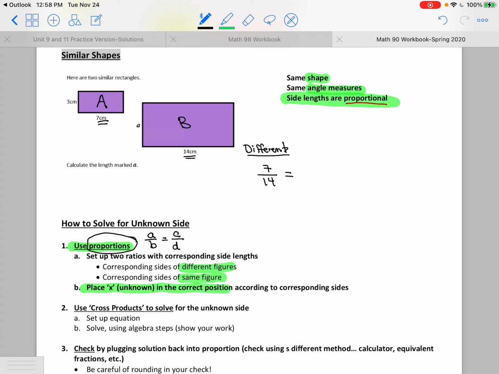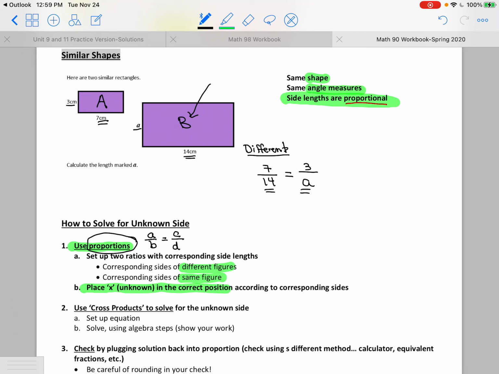Now, I would go to the width. Here's my width and my width. Since I started with A on the top, I have to start with A on the top in my second ratio. So I have to make sure my A is from my figure B, since both of these bottom numbers are for figure B. So these are setting up different figures in a proportion.